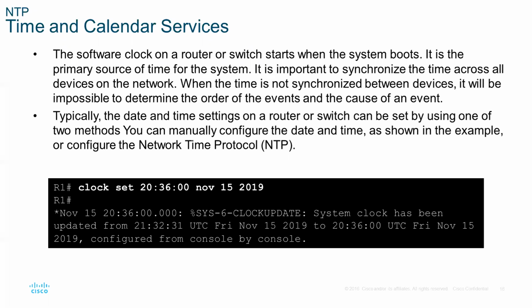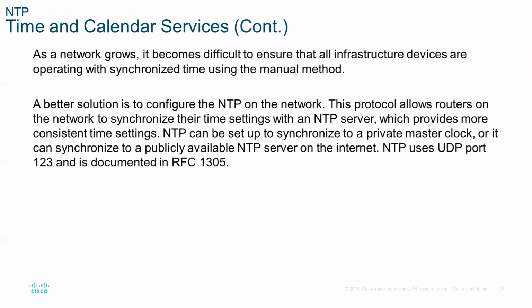Now, we can use the Network Time Protocol to synchronize all of our clocks across the network. This is the preferred method because it keeps everything in line, and as we add more devices, it just keeps everything synchronized against the master device.